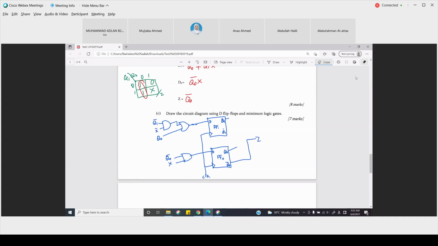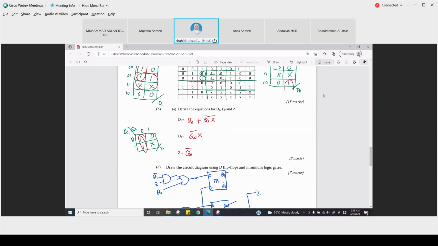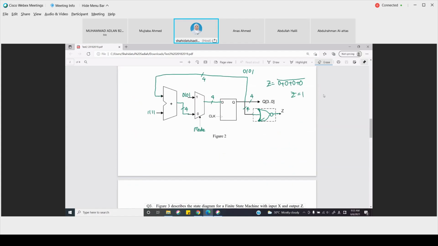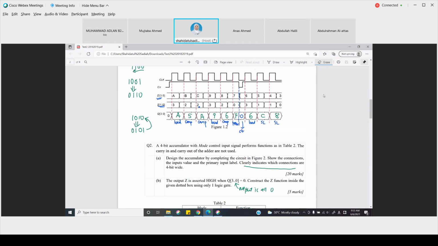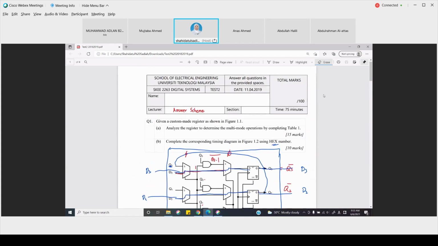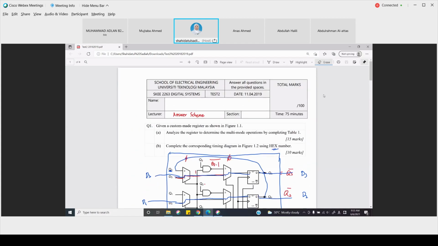Okay. So if there are no more questions from your side, I would like to end the class today. Maybe if you have questions, we will discuss later in the WhatsApp. And this PDF I will share with you in the WhatsApp group. Okay, note that this is my answer. Probably other classes are also discussing and they have another answer.